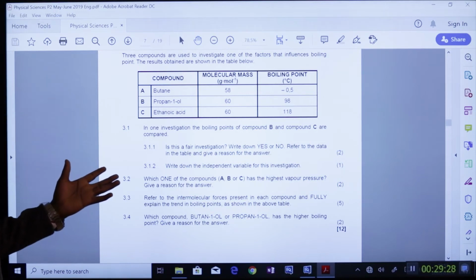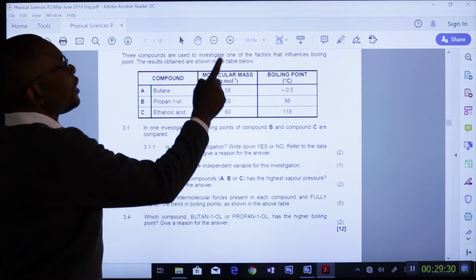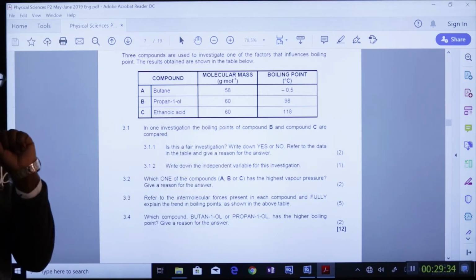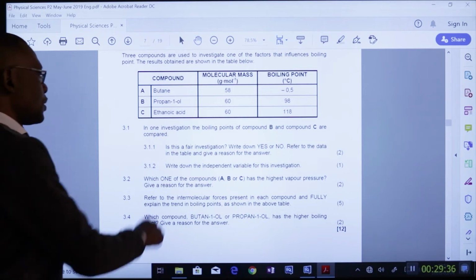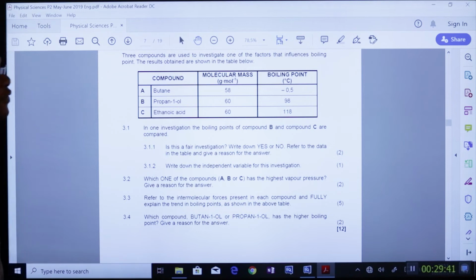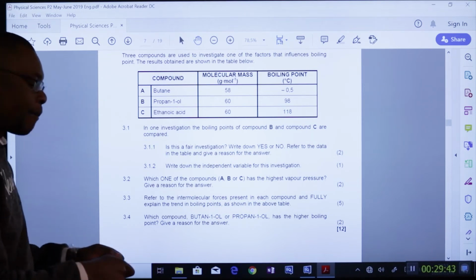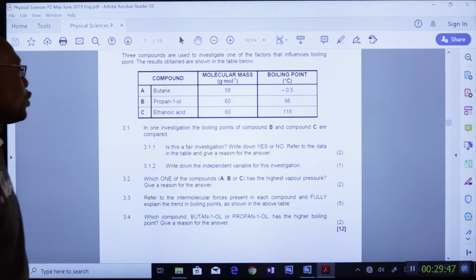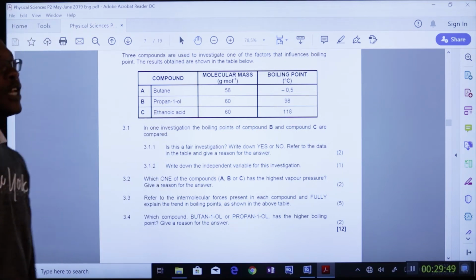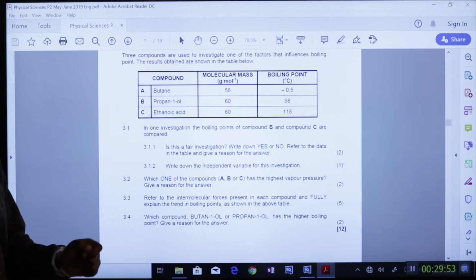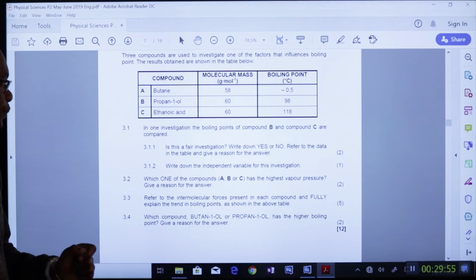Let's look at the data we have here. They both have the same molecular mass, but they do not have the same carbon chain length, and also they do not have the same functional groups in their molecules.